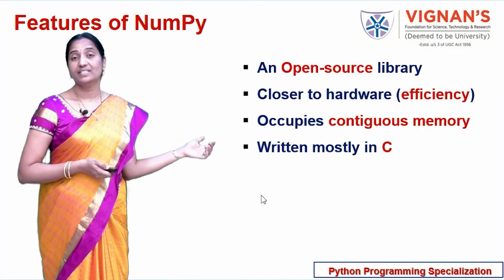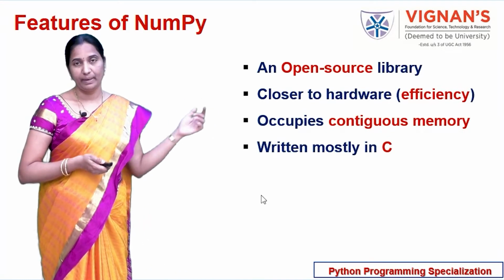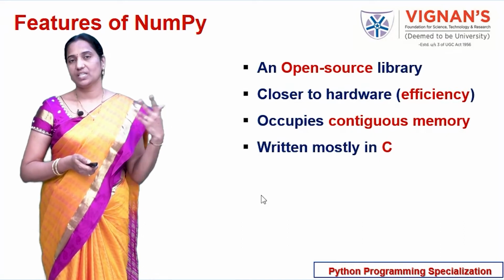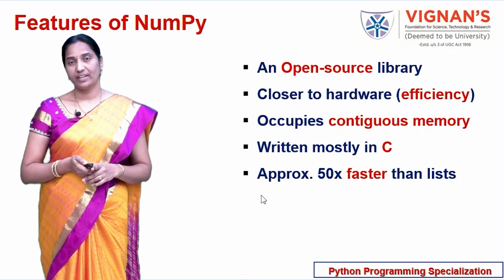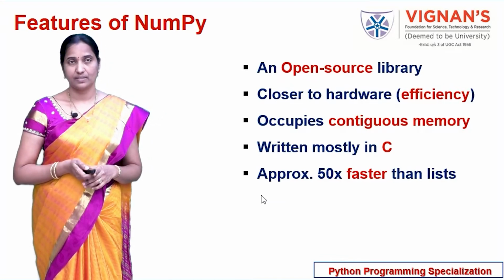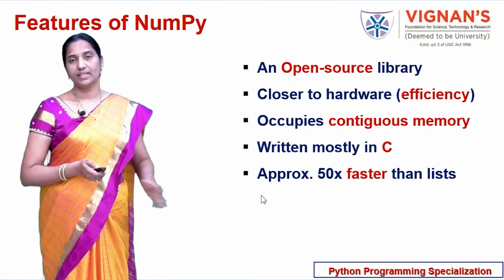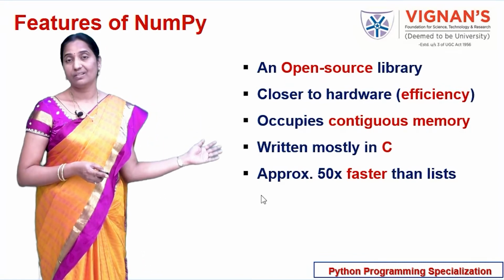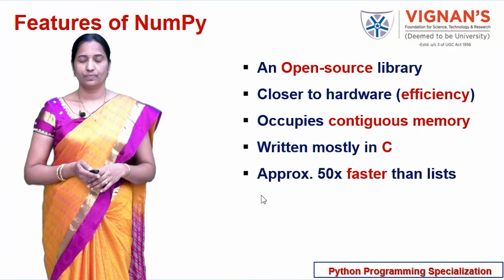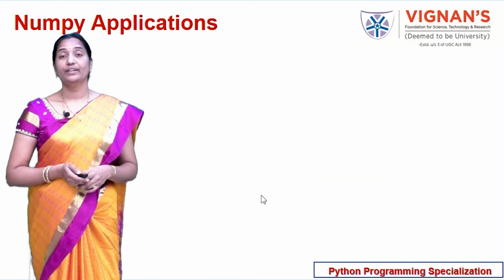Because C is extensively used while writing this NumPy package, the efficiency is higher. Another important feature is that it is approximately 50 times faster compared to lists. These are the various features supported by the NumPy package for matrix operations or matrix creation.